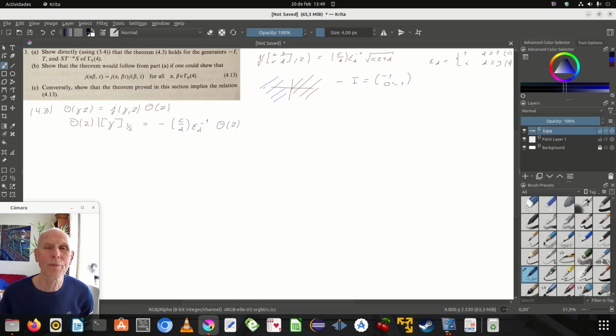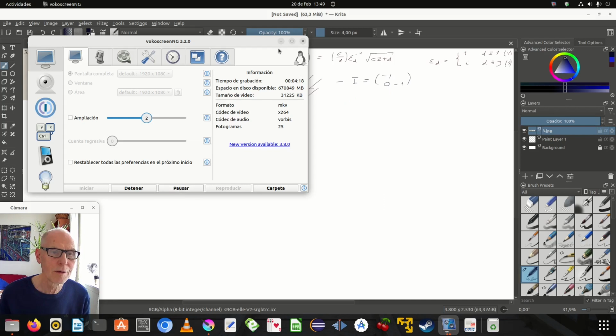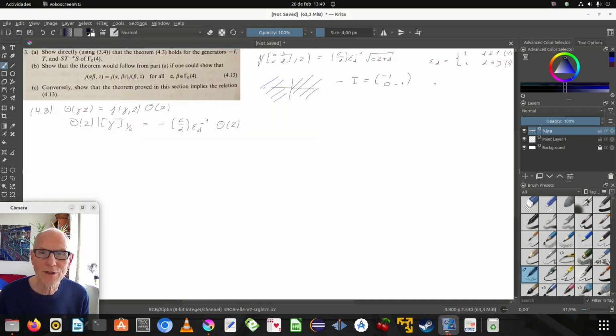Oh, A, B, C, D. So I'll just need to check that. Well, actually, 0 over ±1 is per definition equal to +1.